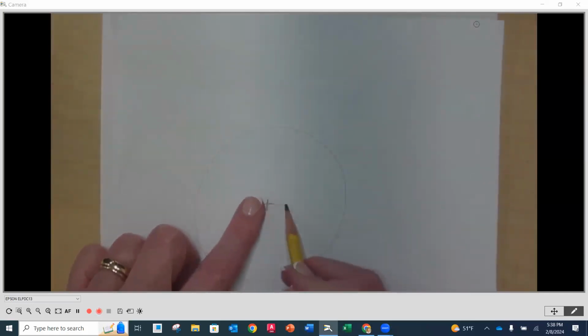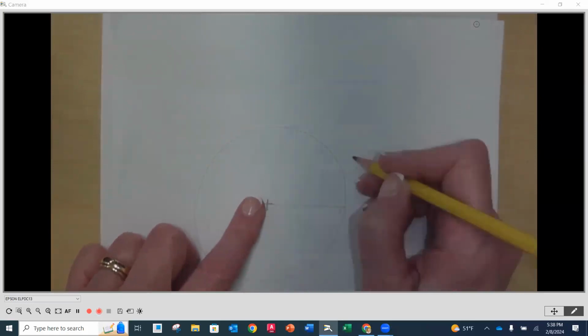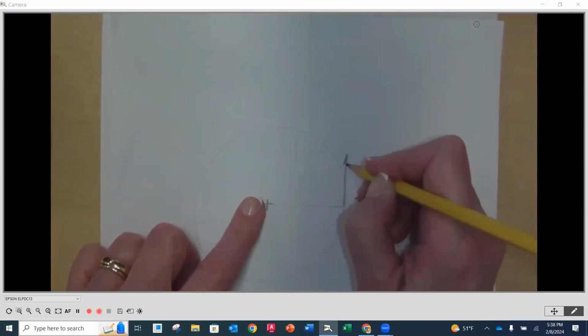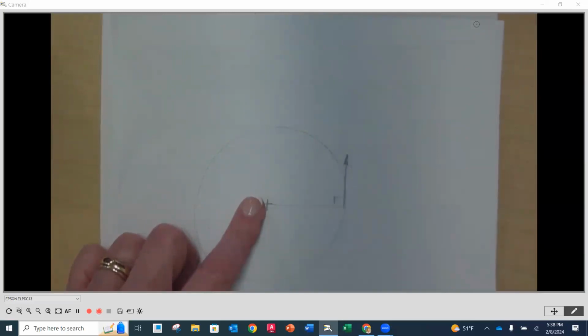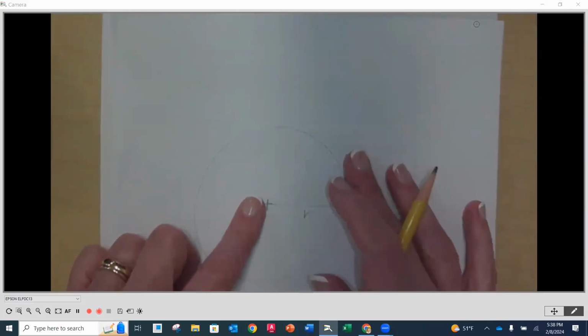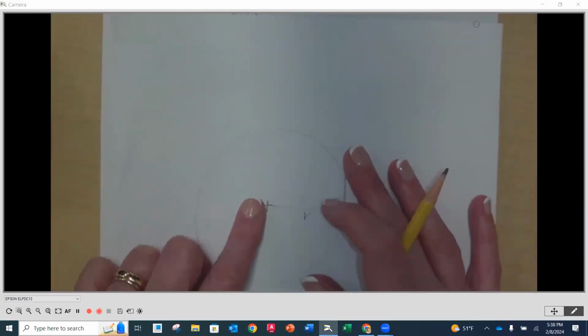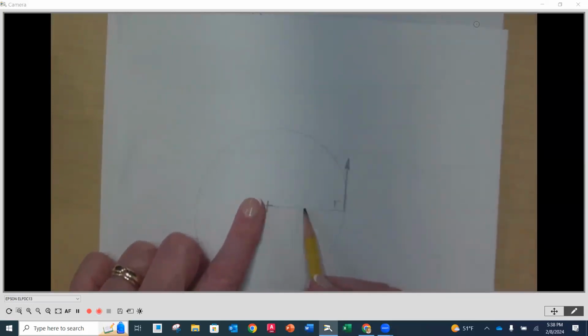If I go out to the side and draw a force that's tangent to the outside, but perpendicular to the radius, do you see how we're doing the same thing there? I want to know what is the radius of the rotation that's being created. And that's what I'm trying to find here.